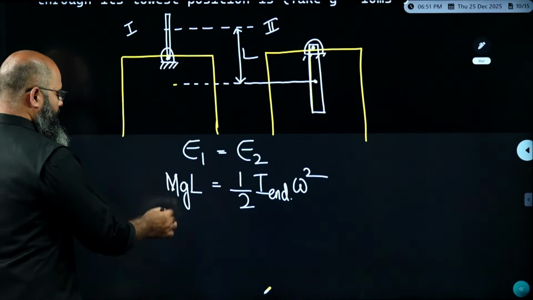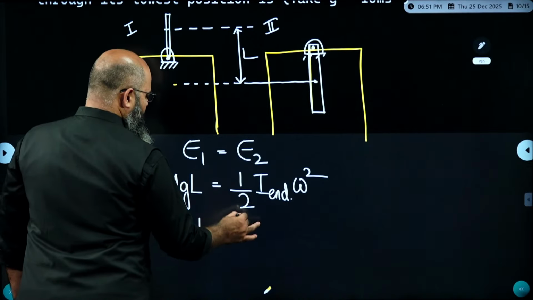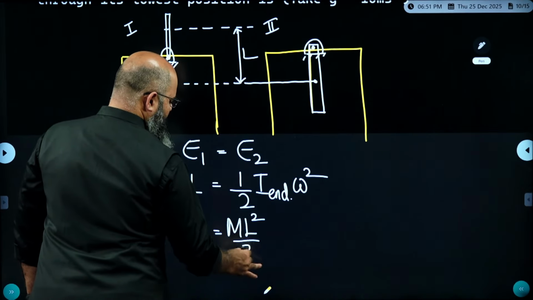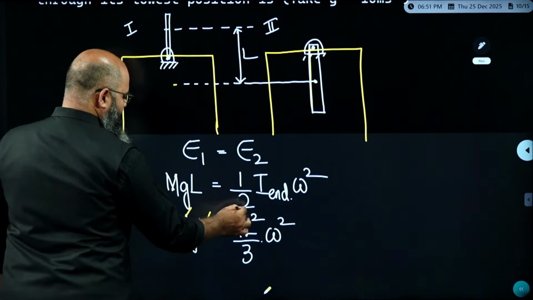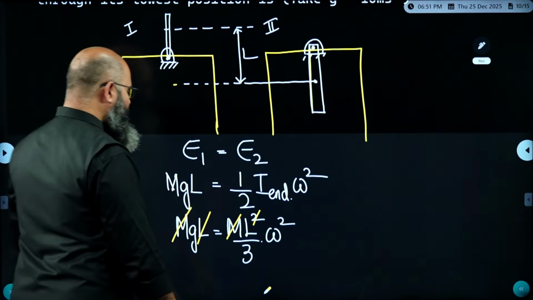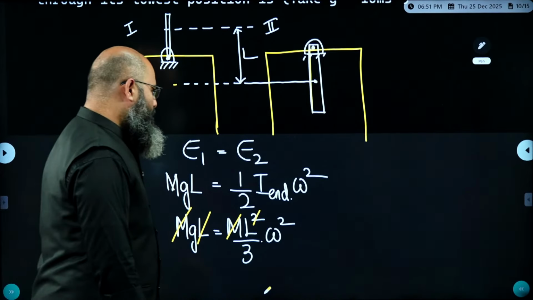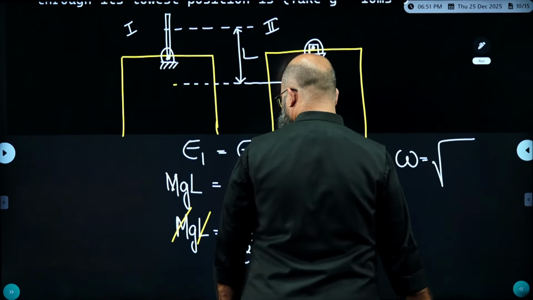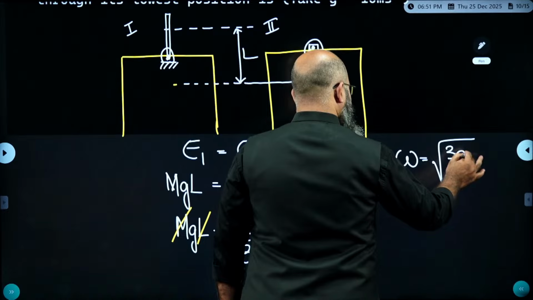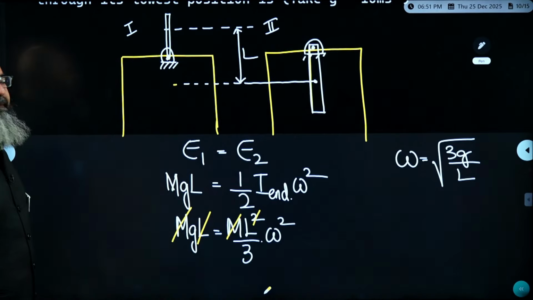You should remember this. So mgL is equal to half of mL square by 3 into omega square. The value of omega over here is root over of 3g by L. This is the value of omega I am having.